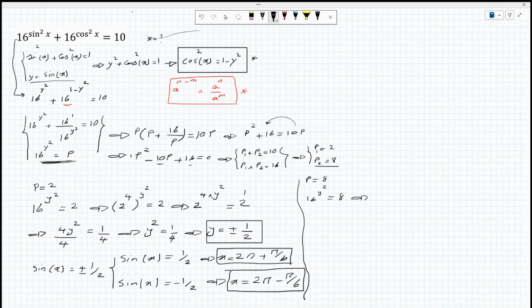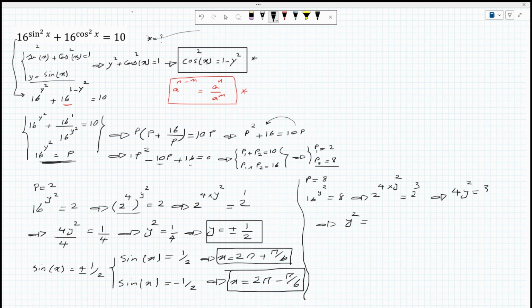Instead of 16 again, I write 2 to the power of 4 multiplied by y² equals, instead of 8, 2 to the power of 3. Because the base is similar, the powers should be equal, so it's going to be 4y² equal to 3.